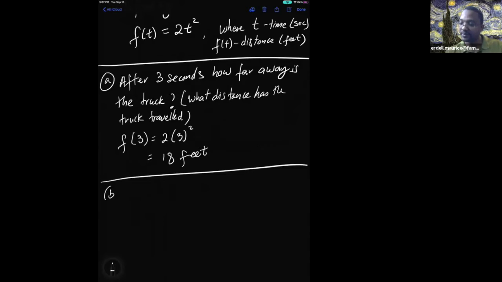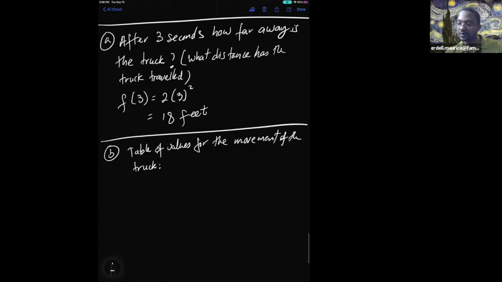Let's create a table of values for the movement of the truck. You have your time, that's your x variable, and then you'll have your distance in feet.